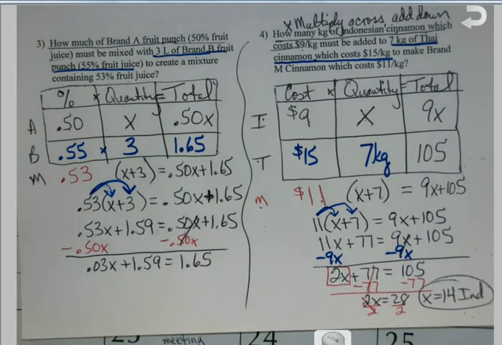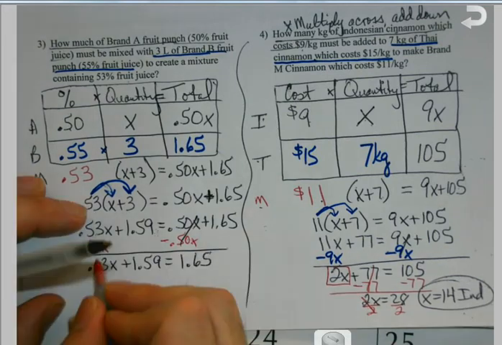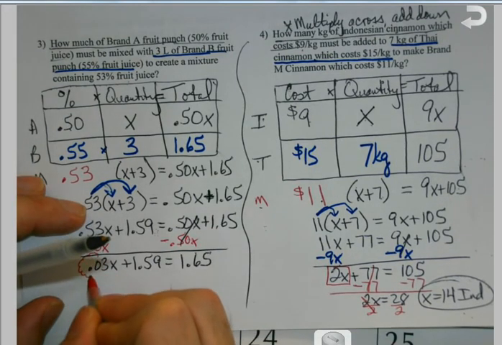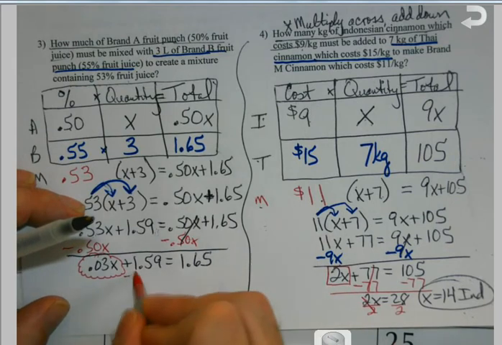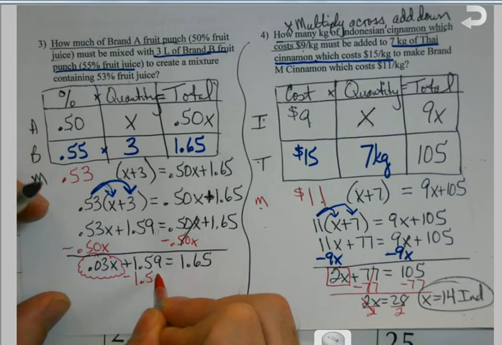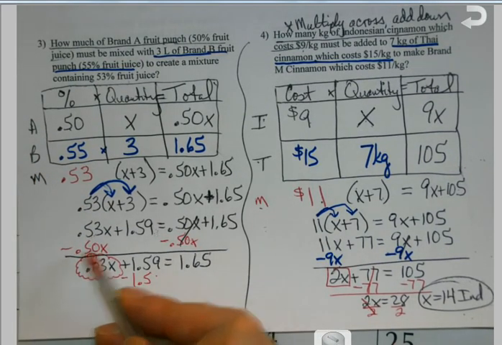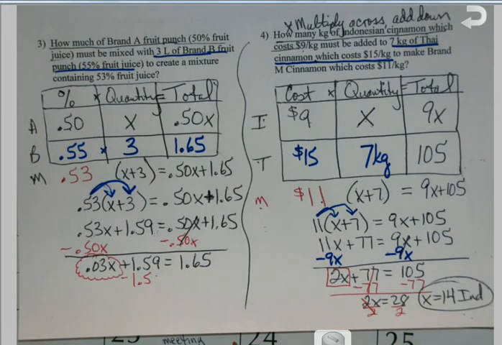So we notice some of these get a little bit longer. So I need to minus 0.53 minus 0.50. So it's sort of like looking at it as like it's 53 minus 50 is what I'm actually doing there.